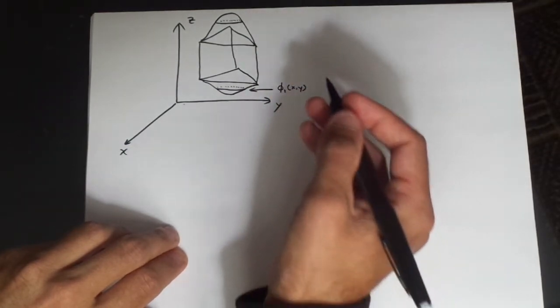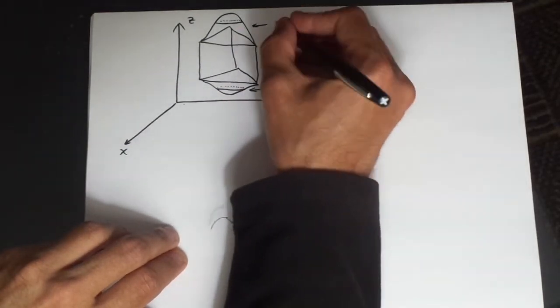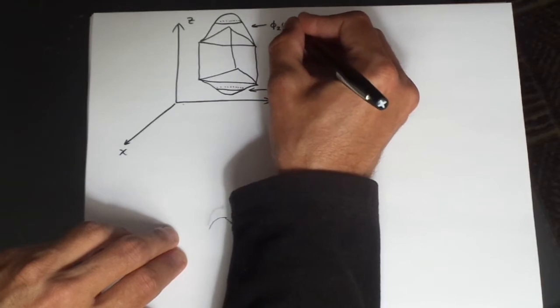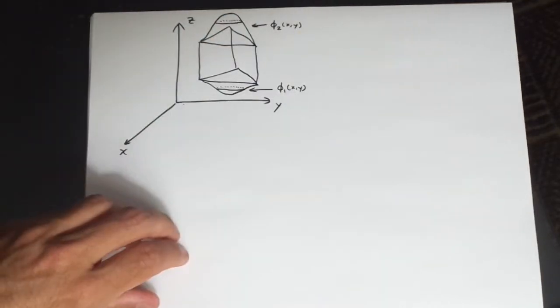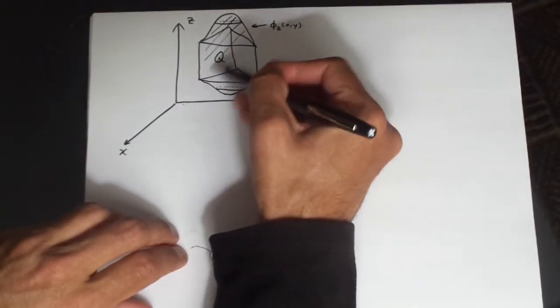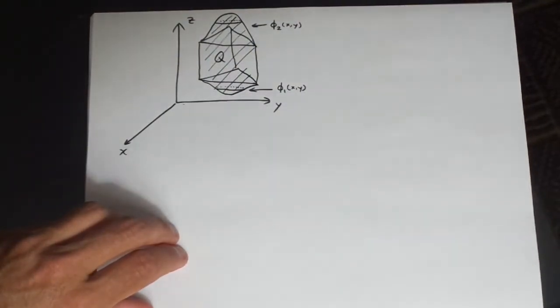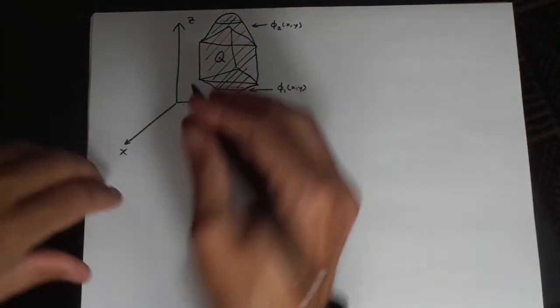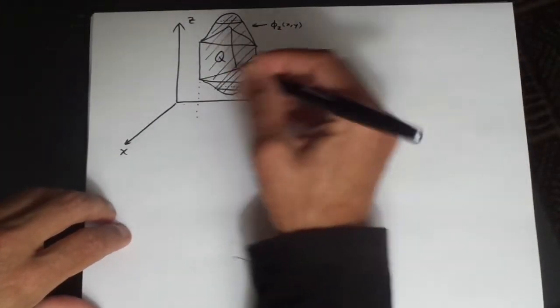That, of course, is a z expression. The upper surface I'm going to call phi2 of x and y. So my solid region Q here occupies all of this space right in here, okay, that I'm shading in on this picture. It is entirely contained above this domain.